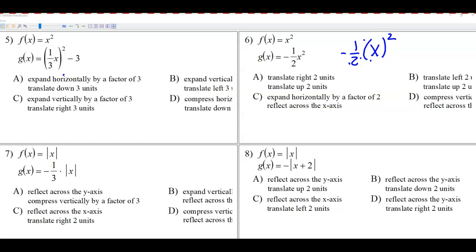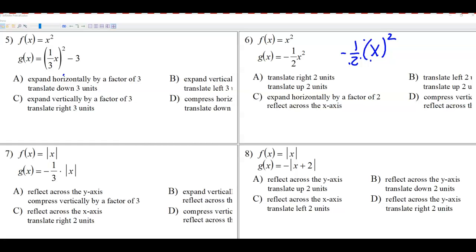So with the B, we had two facts about it. If B is greater than 1, it's a horizontal compression. Vertical one is an expansion. But if B is 1/3, it's also horizontal.